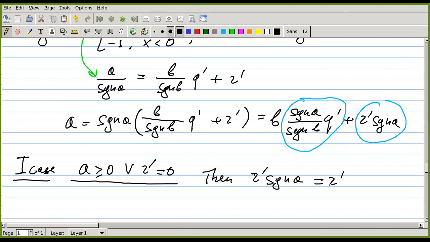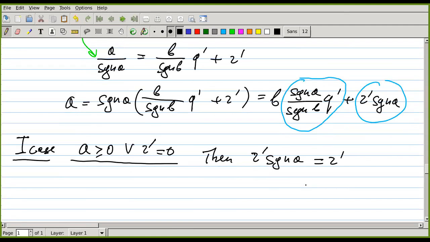Do you agree? If the sign of A is 1, it is evident, and if R prime is 0, both sides are 0 for whatever sign of A. Is it clear? Yes.